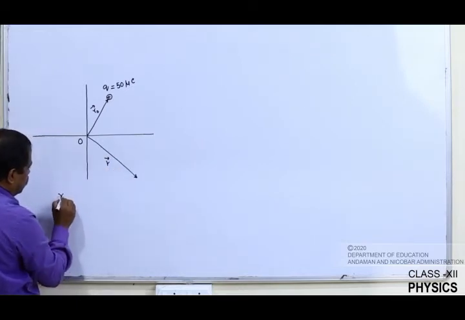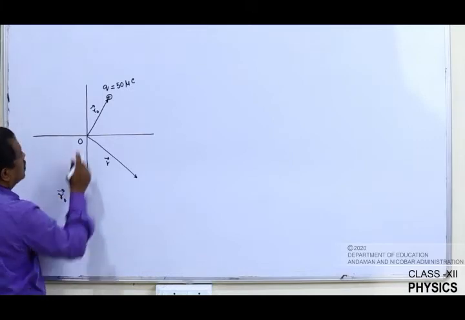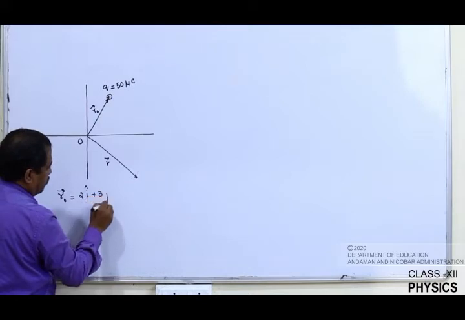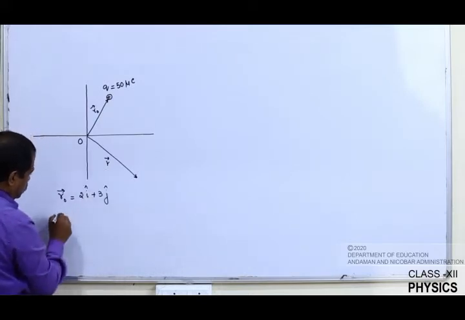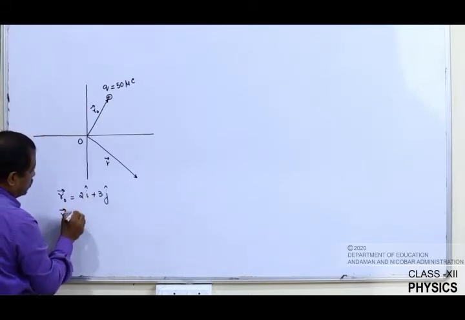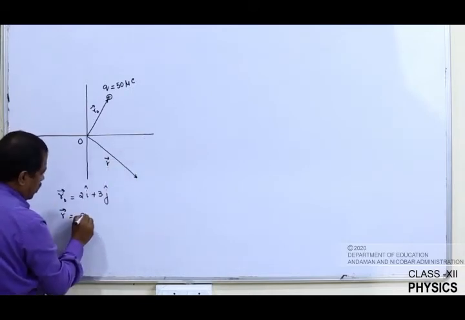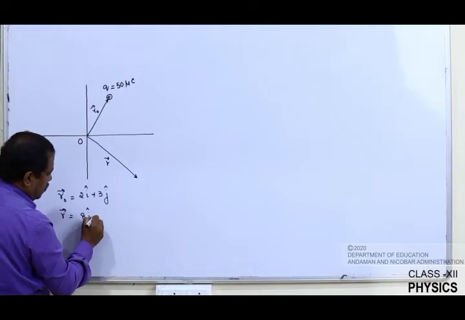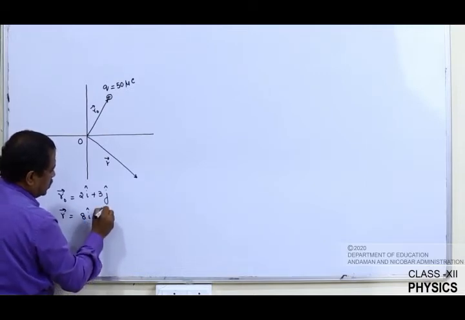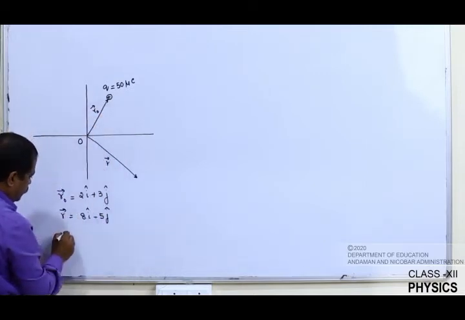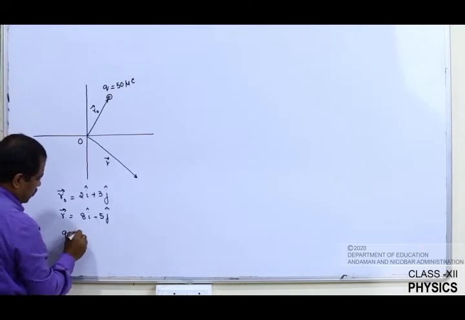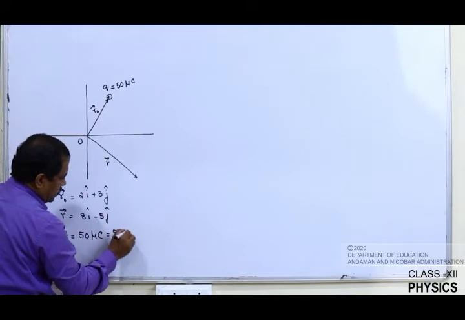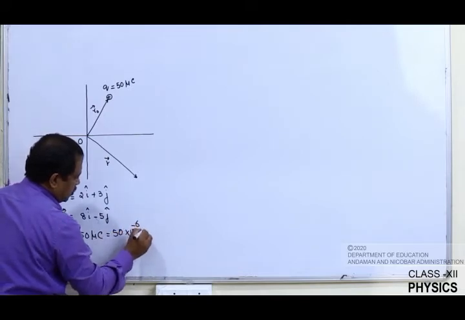R0 is 2i cap plus 3j cap, this R is equal to 8i cap minus 5j cap, and a charge of 50 microcoulomb is placed, or rather I can write this as 50 into 10 power minus 6 coulomb.